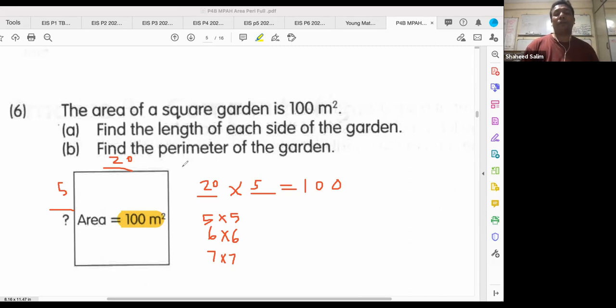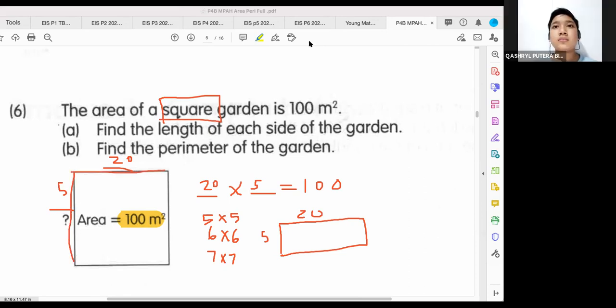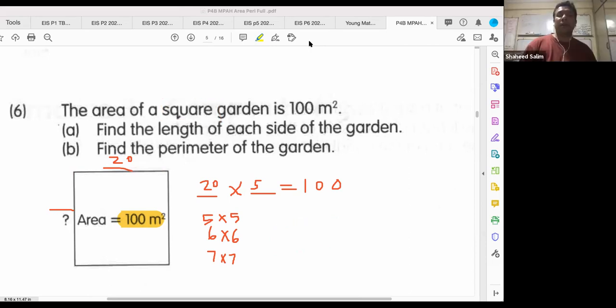How come you say this one 5, this one 20? 5 times 20 is a rectangle. This one is 5 cm or meters, this one 20. Rectangle lah. You are giving me rectangle. Square, you know square not? Square, all the sides are the same. You must have the same number. What times what equals to 100? Come on, boys and girls.